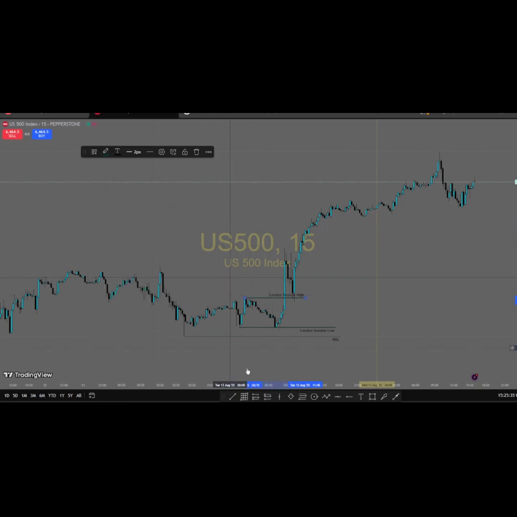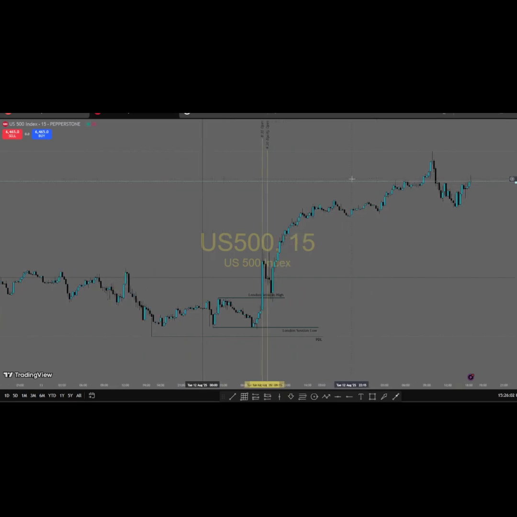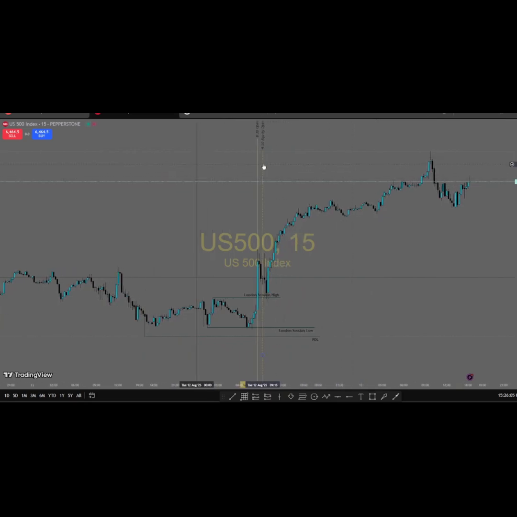And then additionally, I will draw the two vertical lines representing the 8:30 open and the 9:30 equity open. And remember, I'm doing all of this 30 minutes or an hour before the 8:30 open.